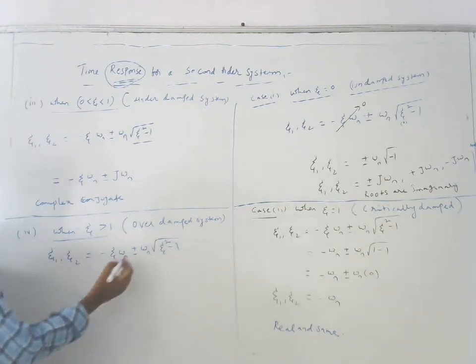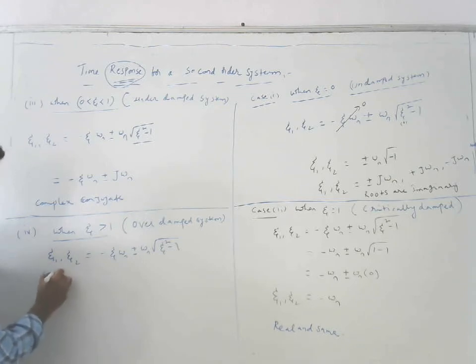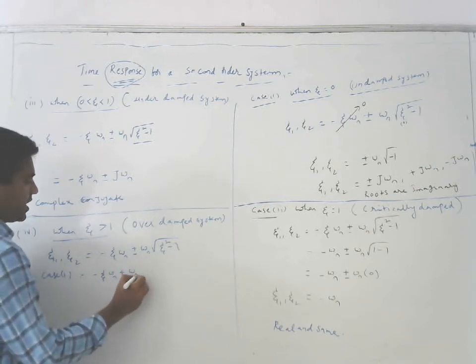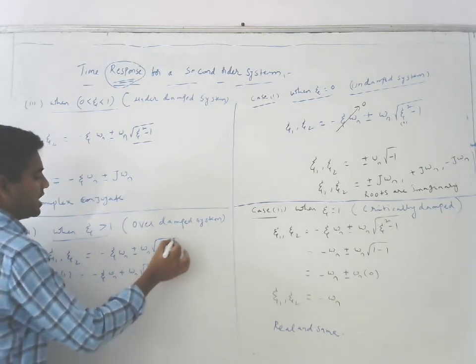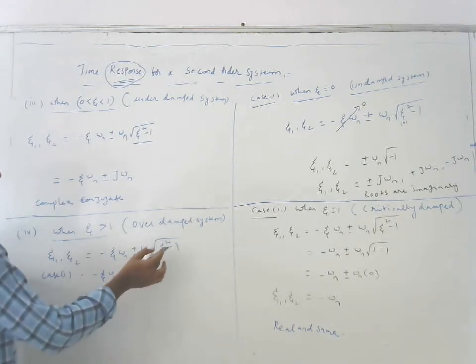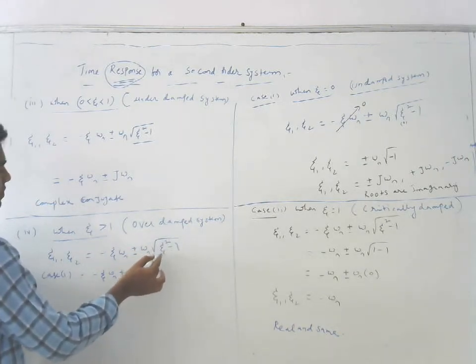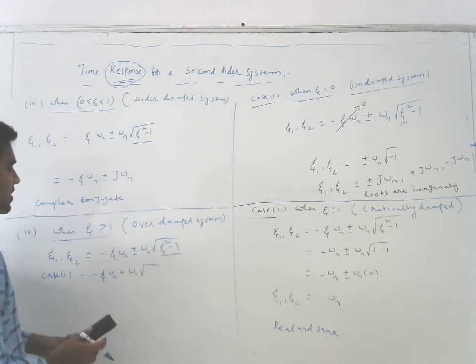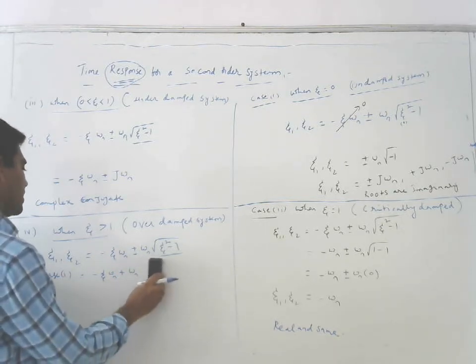First, in case 1, take the positive value: minus zeta omega n plus omega n into the square root, where zeta is greater than 1. Greater than 1 means it must be a positive value, so we are going to get a positive value only.